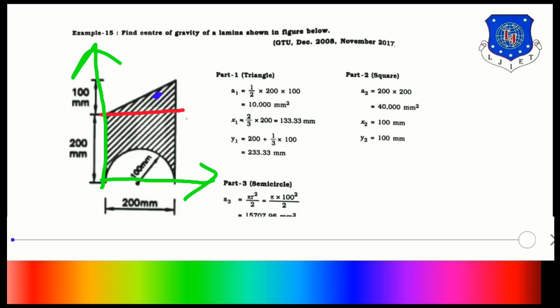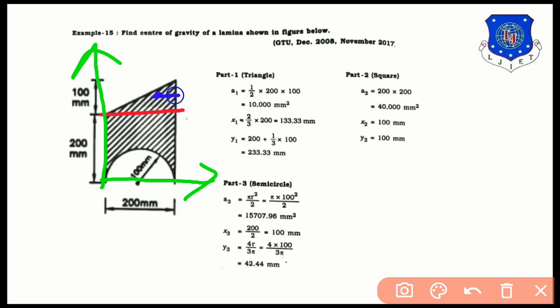What is the formula? Formula is, from the height of the triangle it is base by 3, but we are calculating reverse. So from the y-axis this CG is at a distance of 2/3 of base, means 2/3 of this 200 is equal to 133.33 mm.